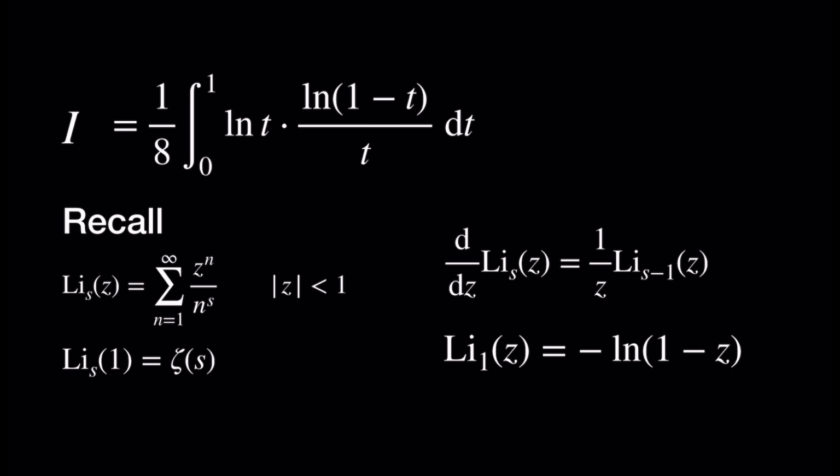And this will imply that Li sub 2 of z is equal to negative the integral from 0 to z of log of 1 minus t divided by t dt. And that term is exactly what we have in our integral. So we're going to make the function Li sub 2 appear inside our integral.